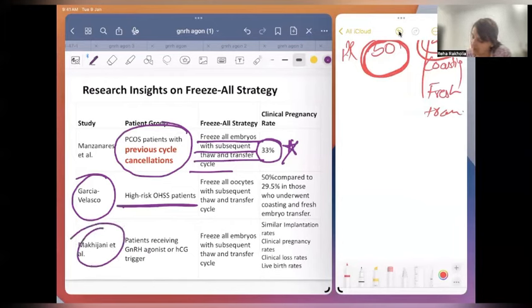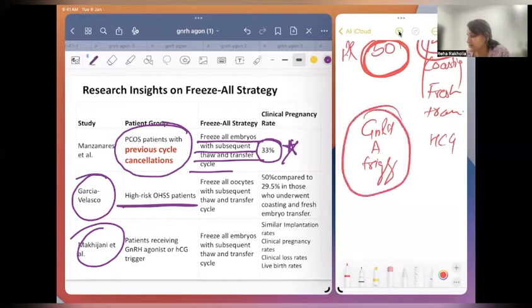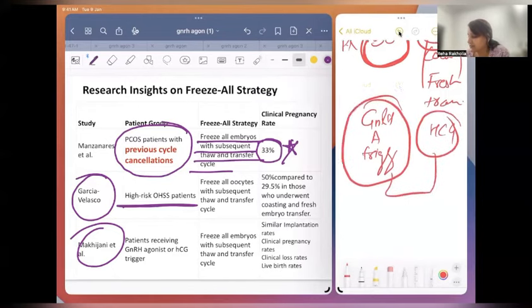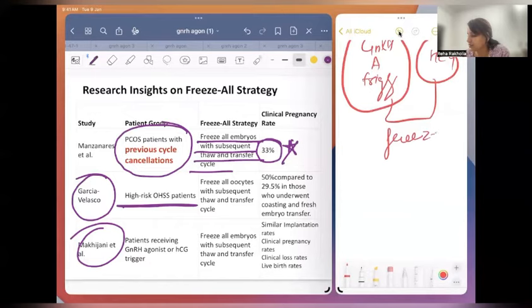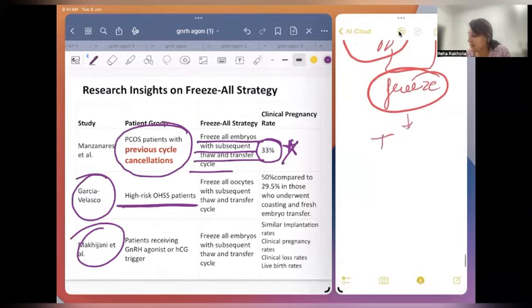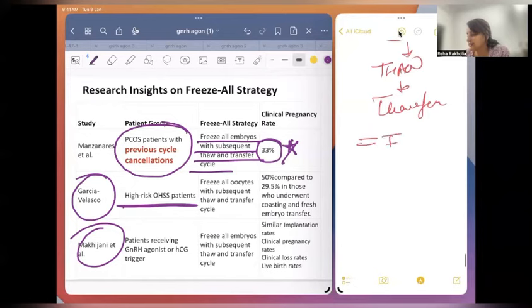Then Kol et al. What they did was GnRH agonist trigger and HCG trigger, they froze all embryos from both the groups. Freeze, thaw, and transfer. What they saw was equal implantation rate, clinical pregnancy rate, clinical loss rate, and live birth rate in both the groups.